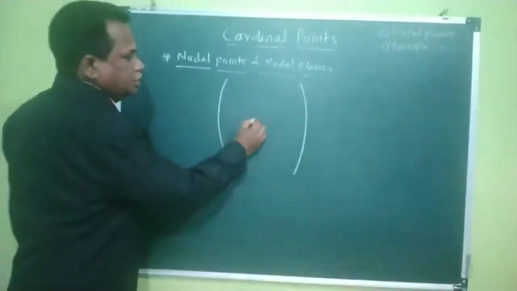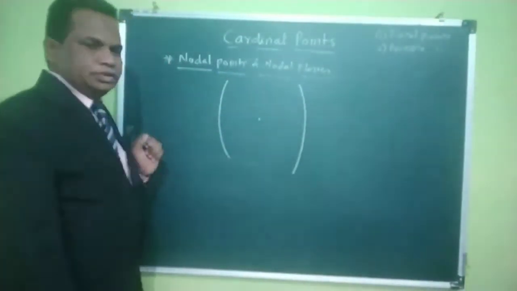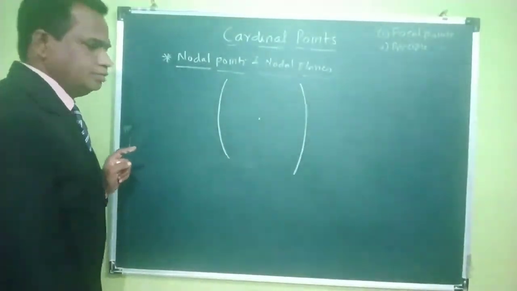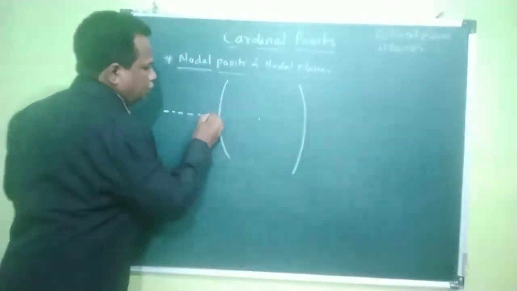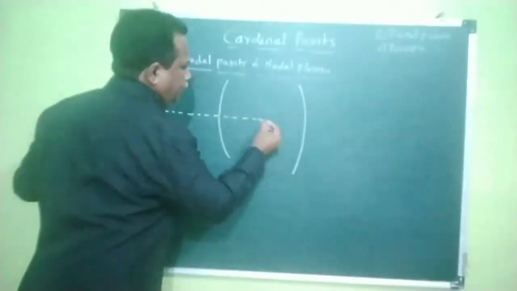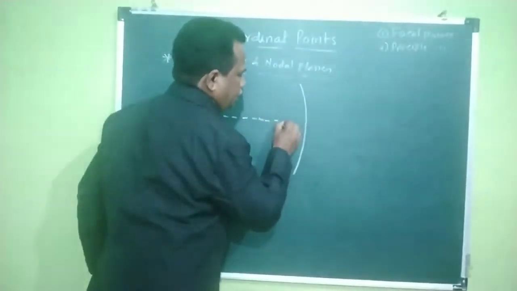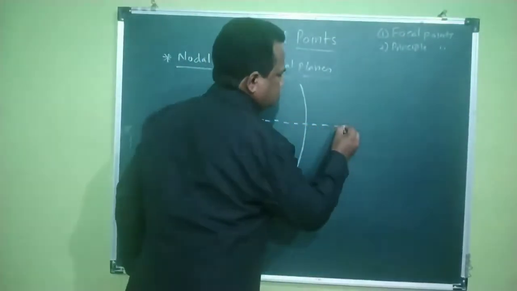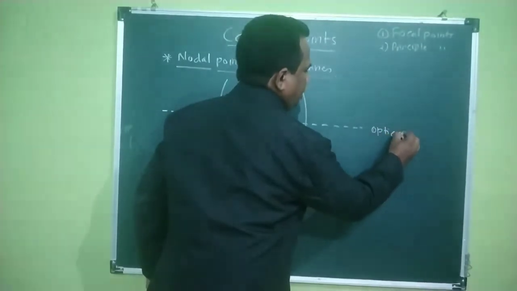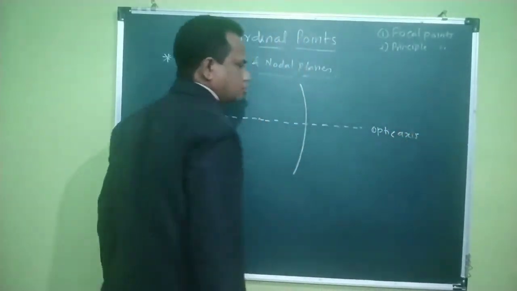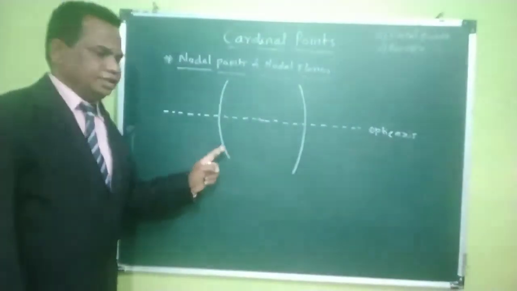Now, this is the center of the lens. The first thing we draw is a line passing through the center of the lens that will not deviate in any direction. It goes straight. It is named the optic axis, also known as the principal axis.